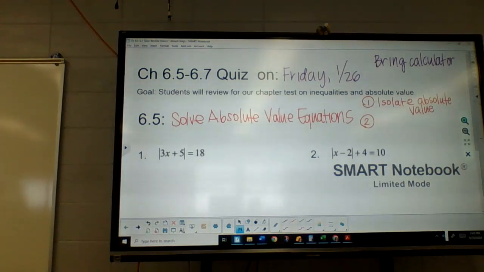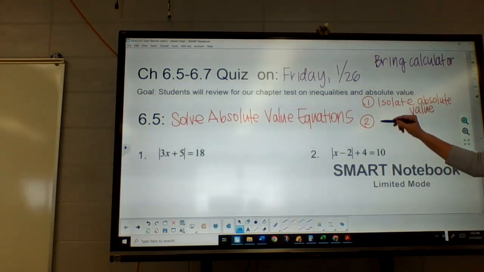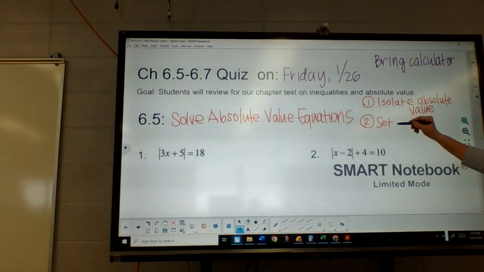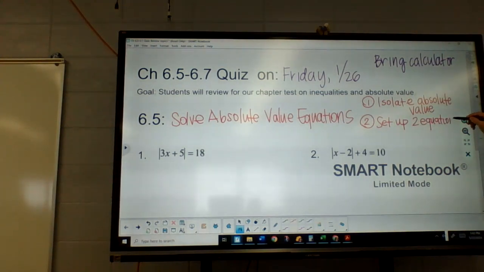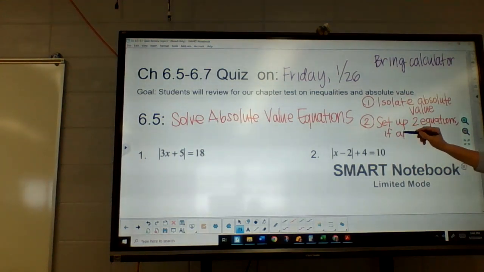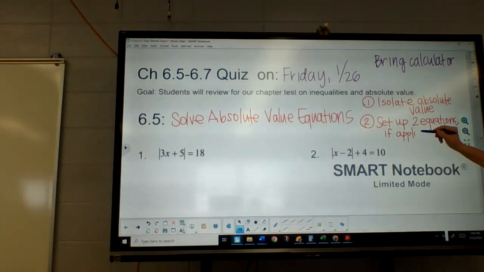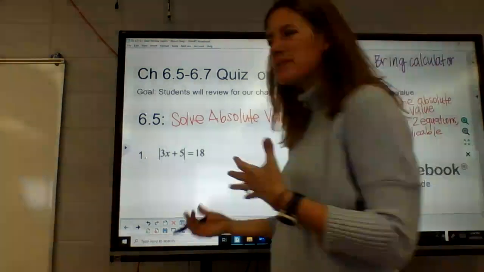Once I isolate the absolute value, that's where we set up the 2 types of equations. So set up 2 equations if needed. And I say if applicable, because sometimes you won't need to.